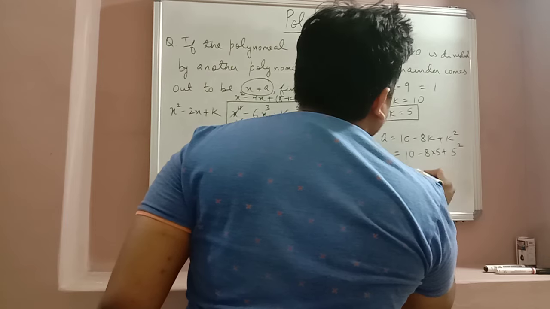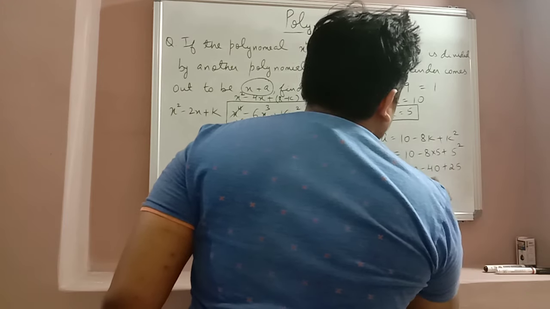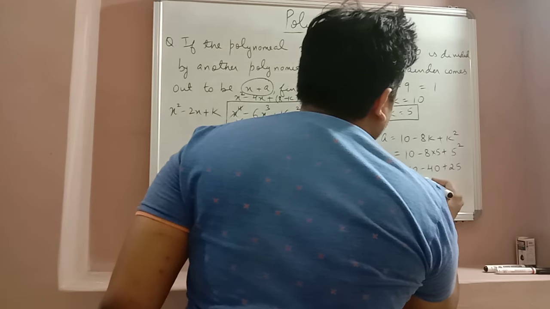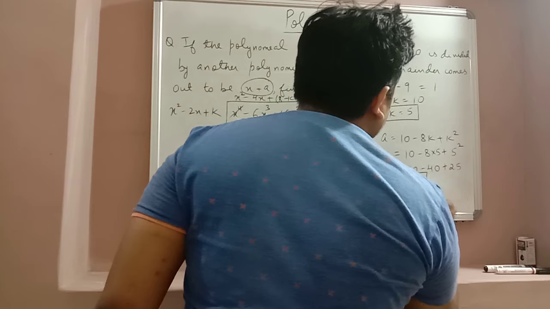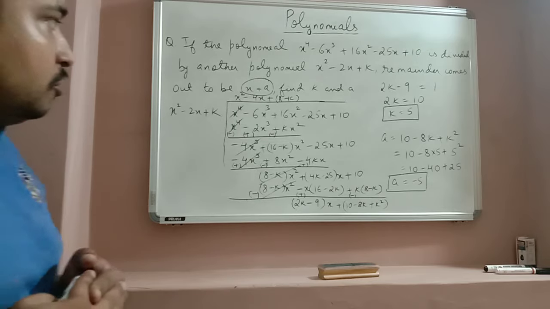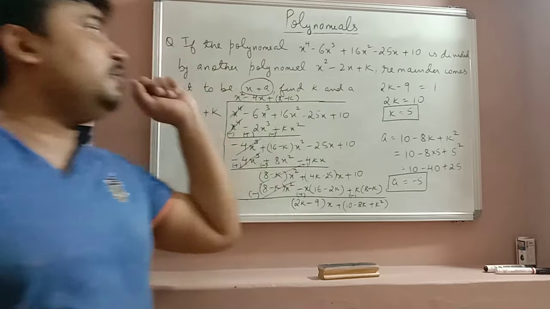So this will turn out to be 10 minus 40 plus 25. So a turns out to be 35 minus 40, that is minus 5. A turns out to be minus 5. So we got the values of k as 5 and a as minus 5. This is the solution to this question.